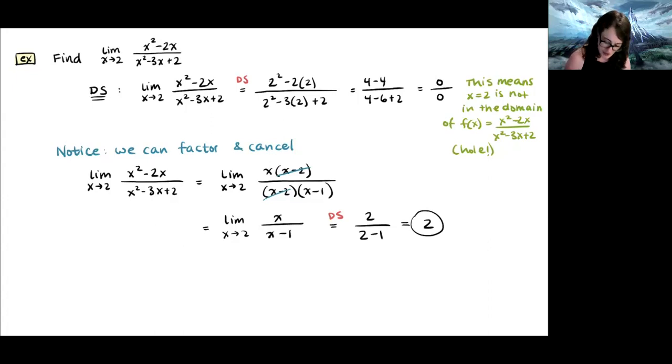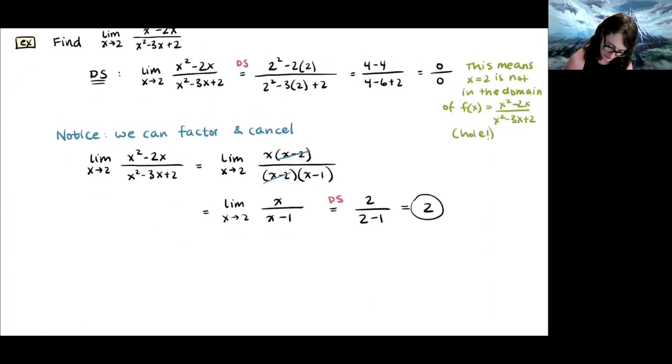So just to make it really clear, and I'll put a star here. The reason that we can do all of this is because x squared minus 2x over x squared minus 3x plus 2 and x over x minus 1 are not the same.